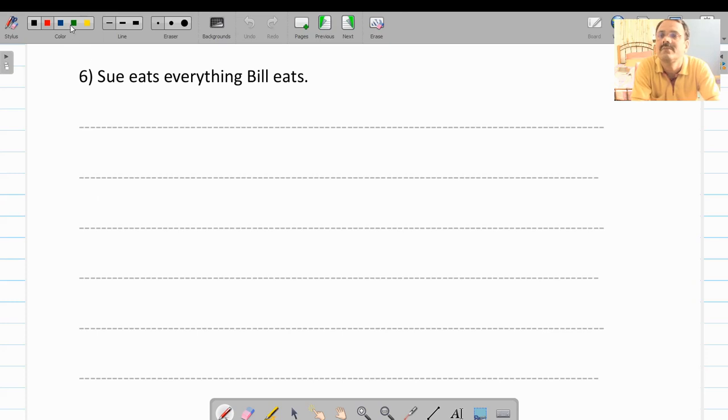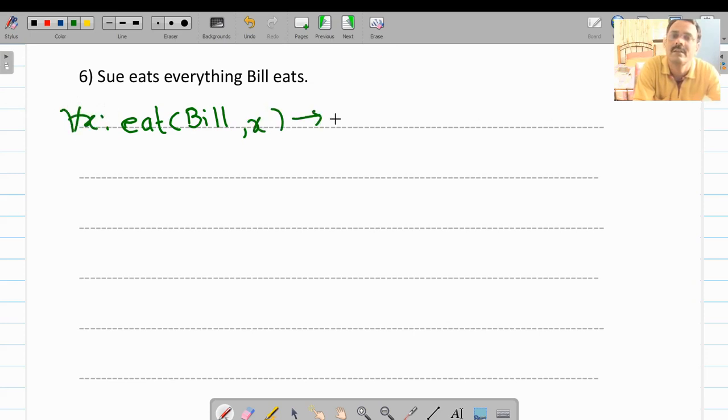Next sentence, Sue eats everything Bill eats. Implication is there. Whatever Bill eats, that Sue eats. That's what it means. So the quantification is for all x: if Bill eats x, that implies Sue also eats that x. Simple.